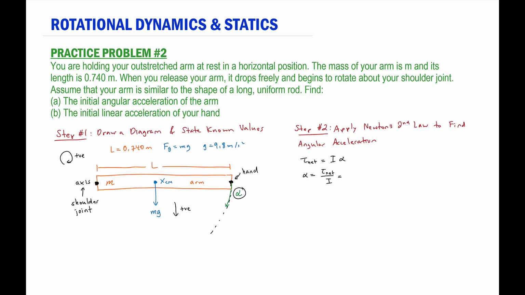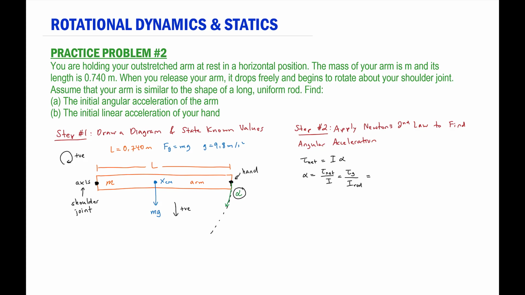We know that the only force acting on this is going to be due to gravity, so we're going to have some sort of torque due to the force of gravity in the direction of rotation.